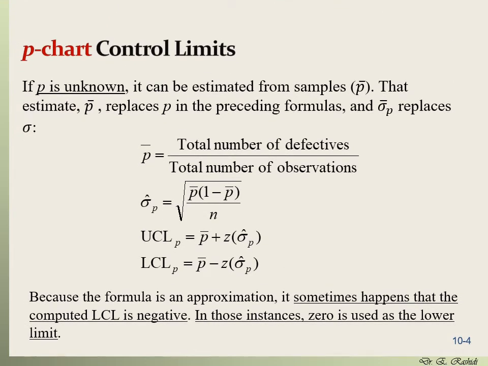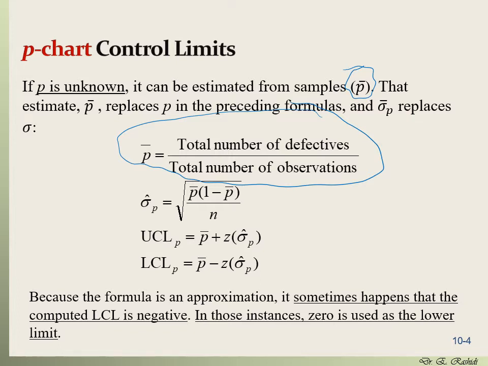If P, the proportion, is not known, which is usually the reality, then it can be estimated. We can estimate P bar, which is an estimation of proportion P, using the following formula. P bar is the total number of defectives divided by the total number of observations.